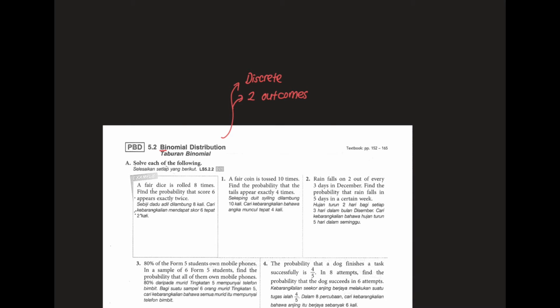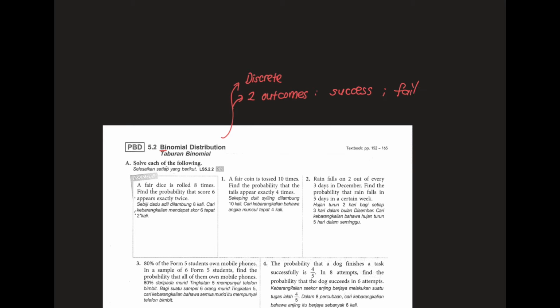So what is meant by 2 outcomes? For example, find the probability that score 6 appears exactly twice. Score 6 appears. The opposite of this is score 6 doesn't appear. So these are the 2 outcomes. Normally they are opposites, one is yes, another is no. In general, we call them the case of success and the case of failure.